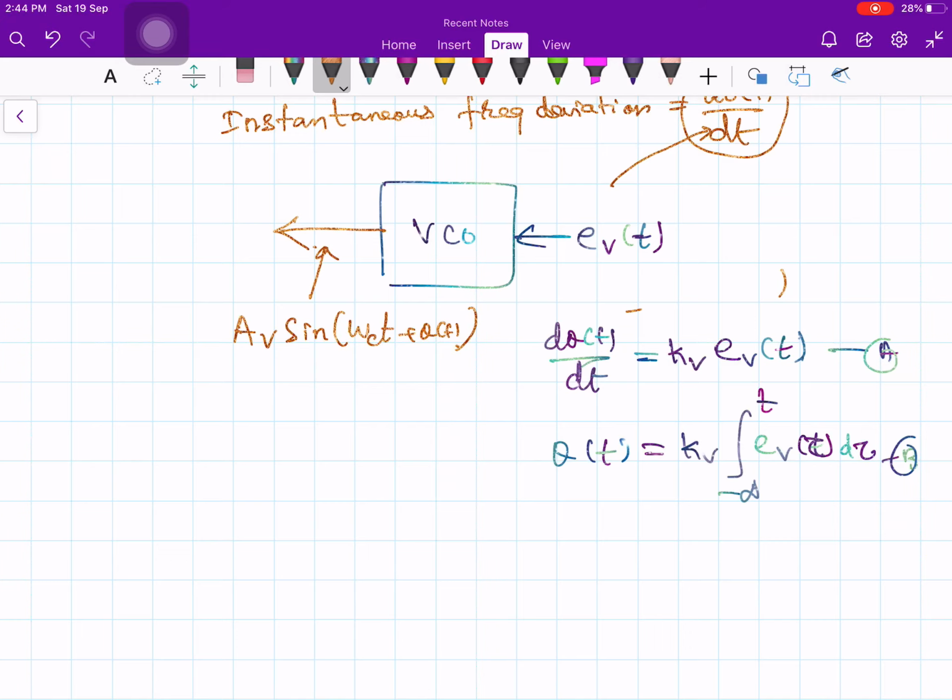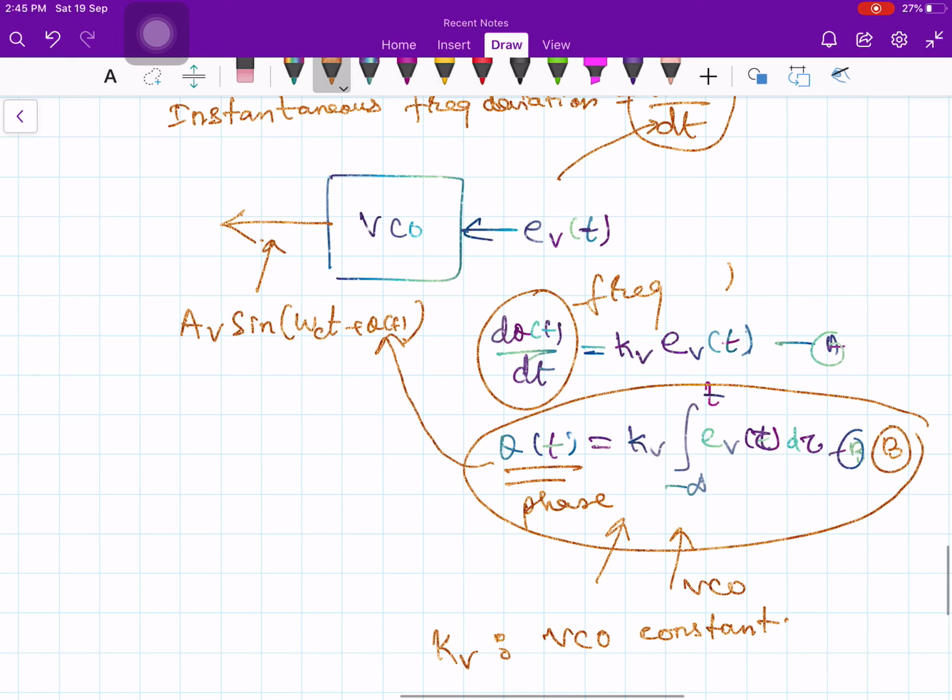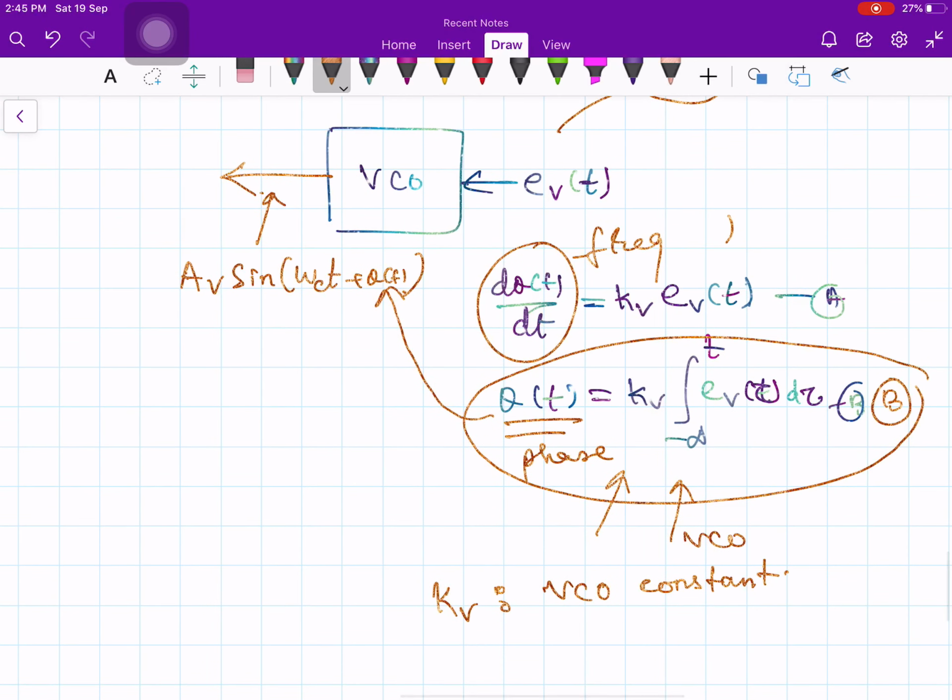So you can substitute this into your equation here. Of course, you can work out the dimensions of all these constants that we have discussed, AV, AC, kV, kd, like that. So we now have the characterization of every component that we need. This is the characterization of your voltage controlled oscillator.